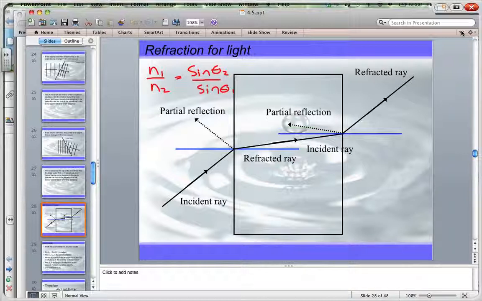So if this is your N1 here, this will be your N2 here, this will be your theta 1, and this will be your theta 2. The angle that you're dealing with always goes between the light ray coming in and the normal. Between the light ray and the normal, that is your angle.